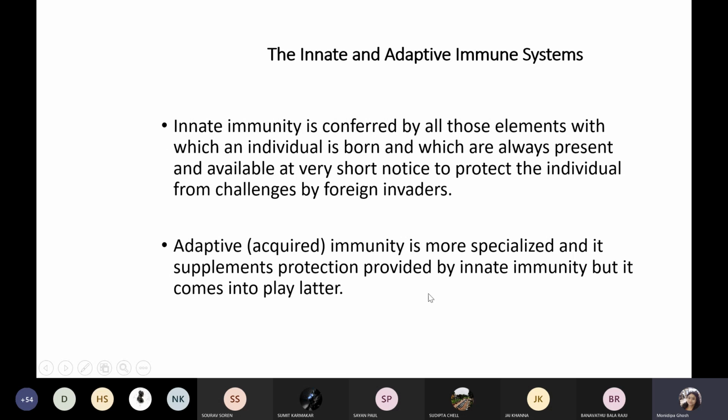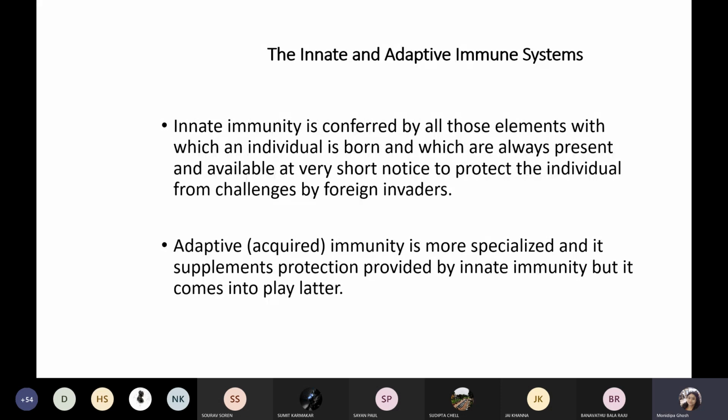An adaptive or acquired immune system is more specialized, that is, if you are interacting with some specific antigen variety. Suppose you have taken the mumps, measles, rubella (MMR) vaccine or BCG vaccine in your childhood, and now you are interacting with the SARS virus. These vaccines won't work against this SARS virus.